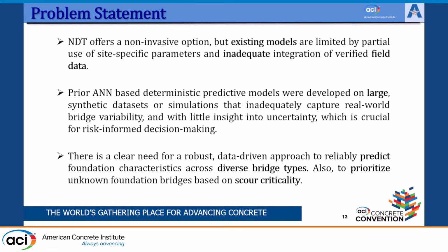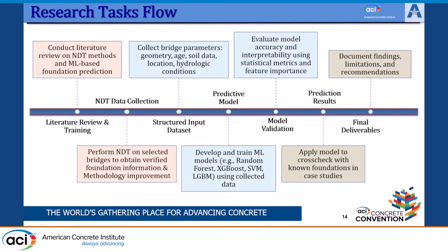Without a large number of data, say 1,000 data, it creates uncertainty, so we can't implement it in the field easily. So we need a robust model for different kinds of bridges, not just a single type, but all types of bridges. And then we can prioritize the unknown foundation bridges based on scour criticality.